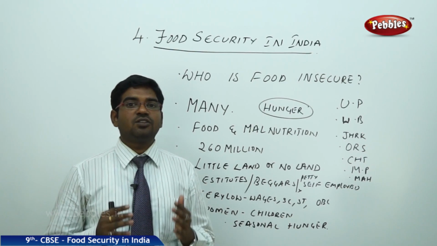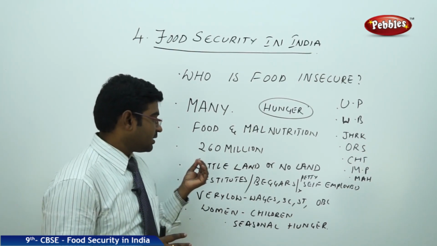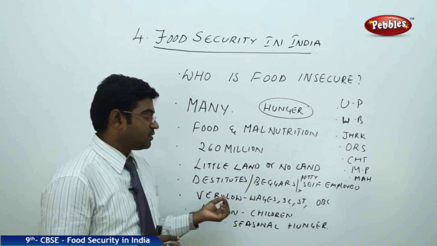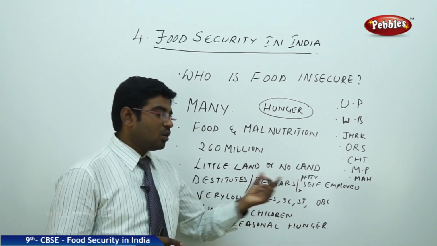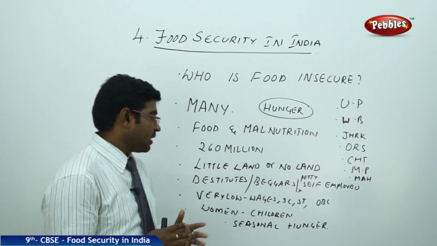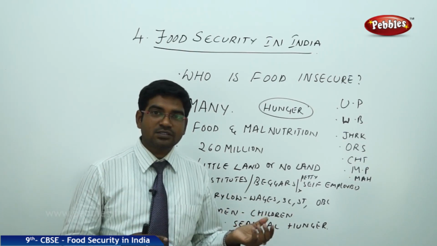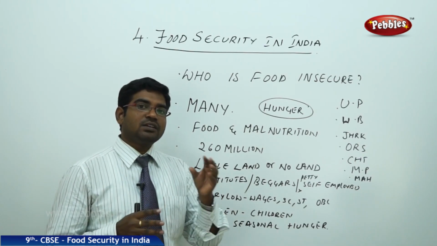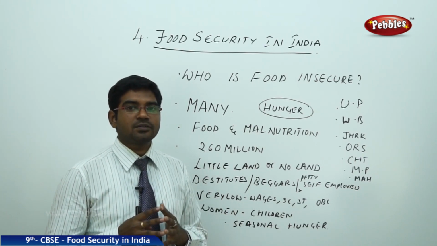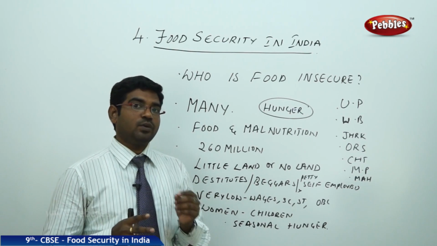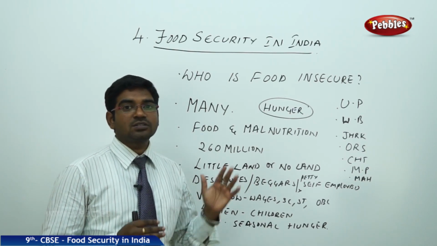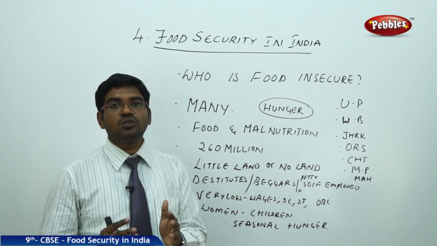Food is insecure for many groups of people like the little land or no land population, destitutes, beggars or petty self-employed people, and very low wages are paid in many urban works. When they join as casual labourers, they are paid very low wages. Even then they agree to work because they are migrating from villages to towns.